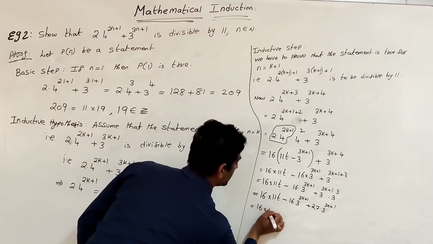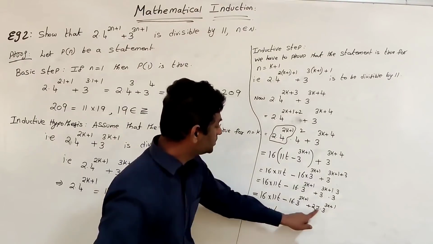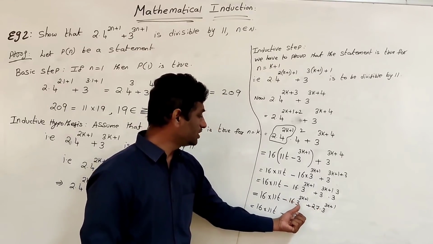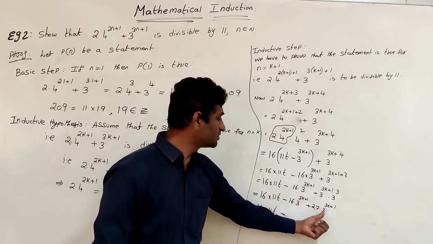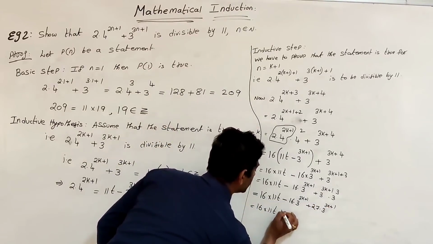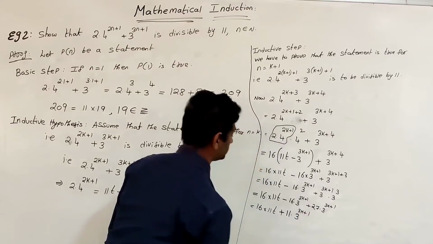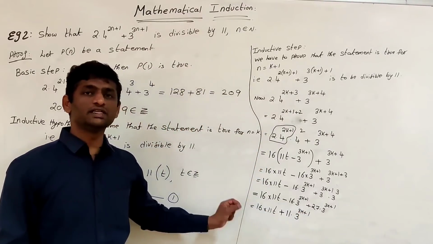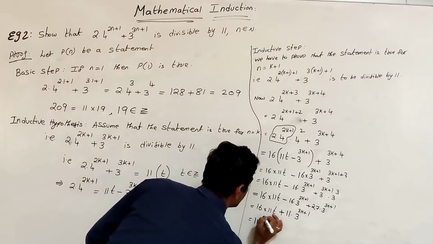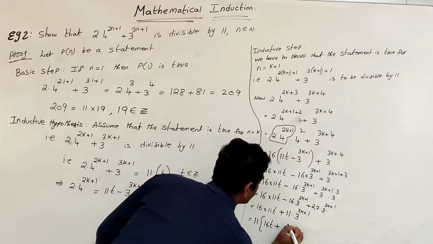As these two are like terms, we can add up, that is minus 16 into 3 to the power of 3k plus 1 plus 27 times of 3 to the power of 3k plus 1 gives plus 11 into 3 to the power of 3k plus 1. Now again in these two terms 11 is common. 11 times of 16t plus 3 to the power of 3k plus 1.